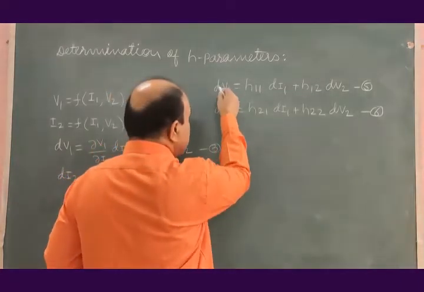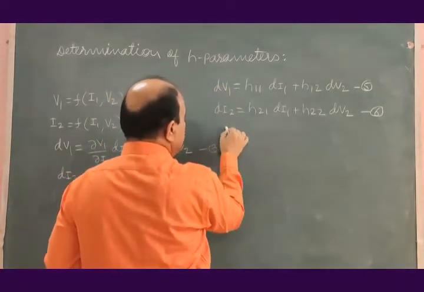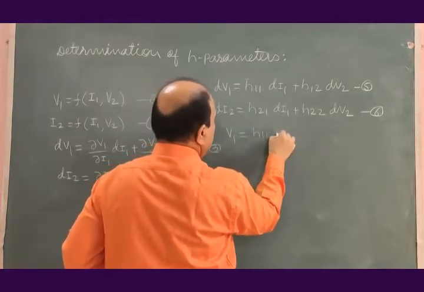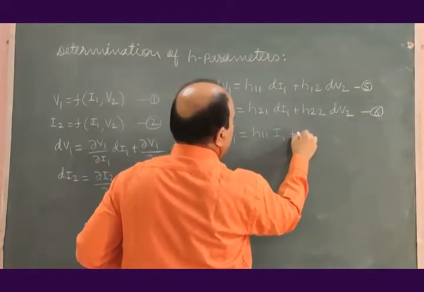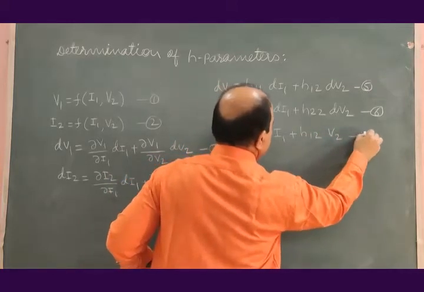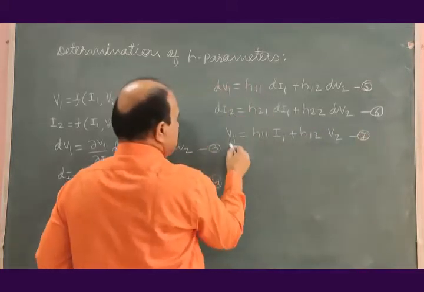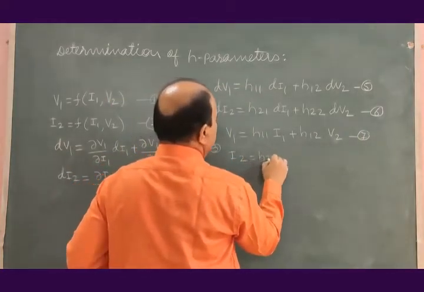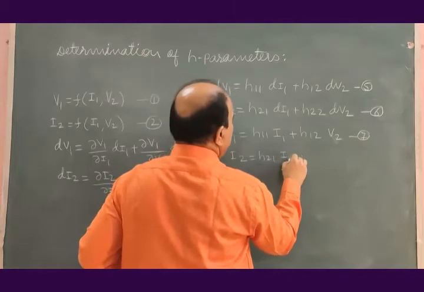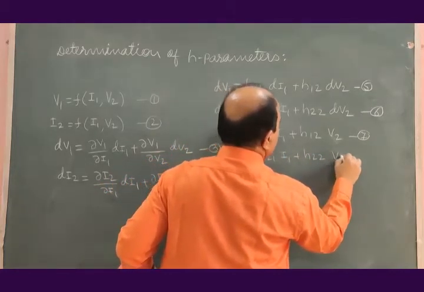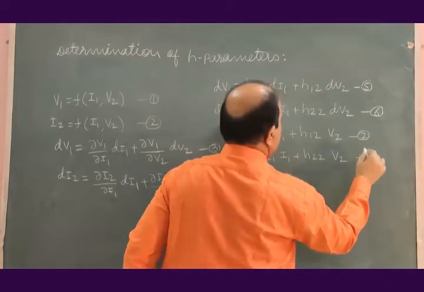So let me represent this dV1 as simply V1 and write this as V1 = H11 I1 + H12 V2, equation number 7. Same here, I2 is equal to H21 I1 plus H22 V2, equation number 8.